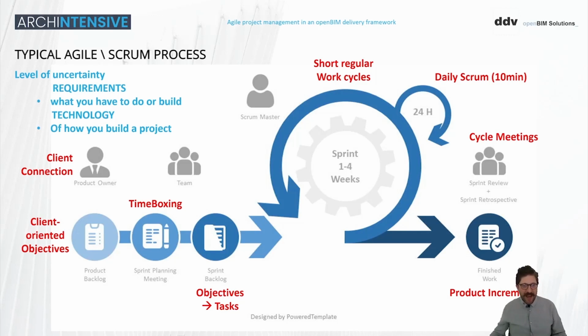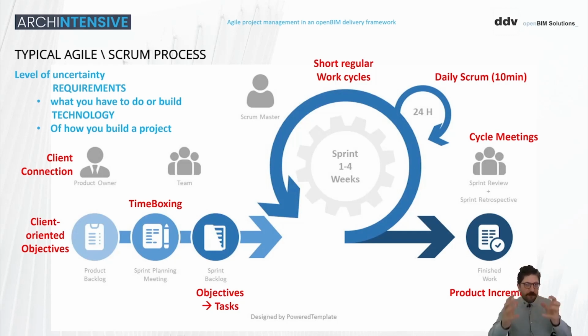So at the end of each of these cycles, we will deliver what is called a product increment, in other words, a prototype of our work. Maybe it's not the finished product, but it's finished work for that cycle. This will enable our client to test some of the initial features of our product and so on.